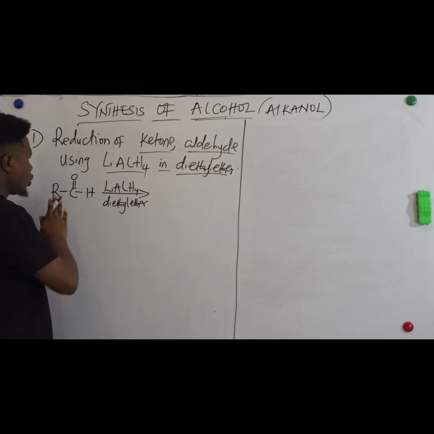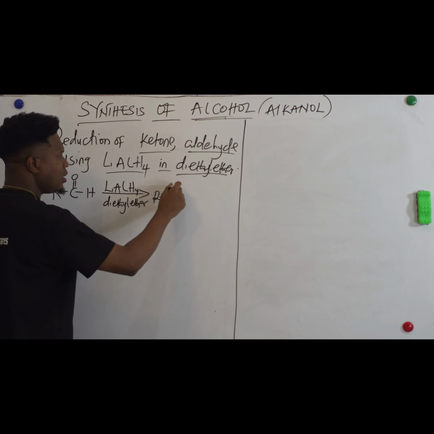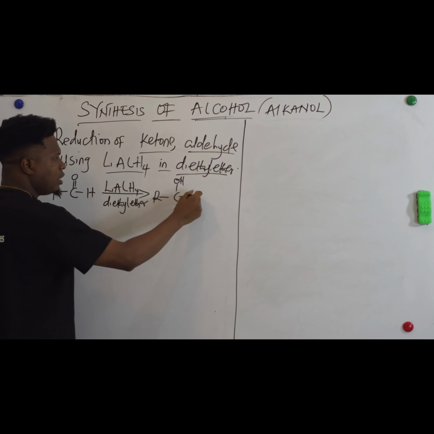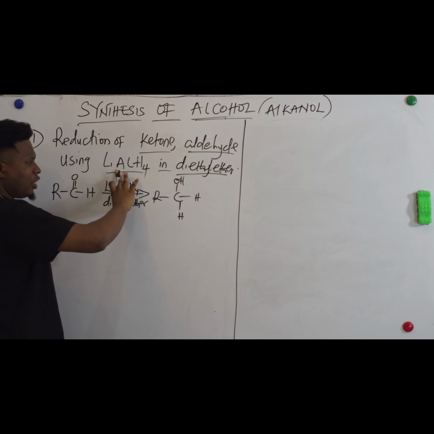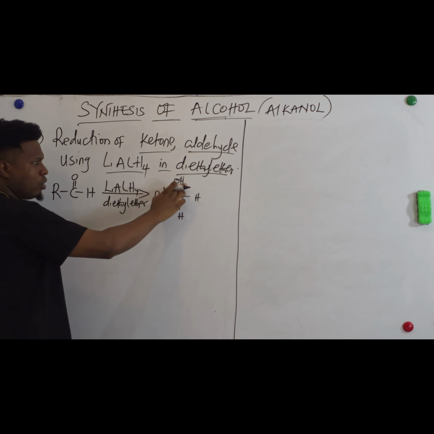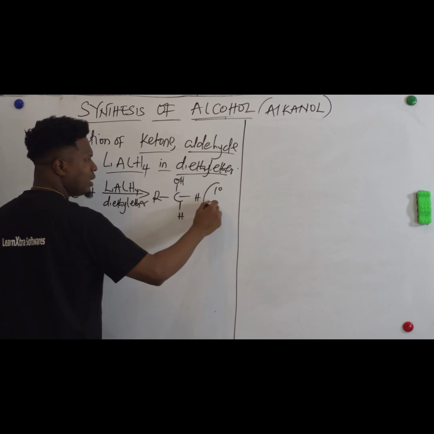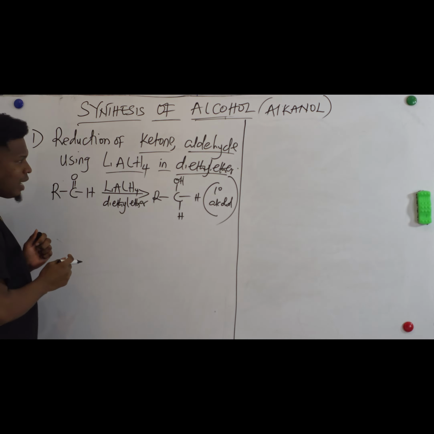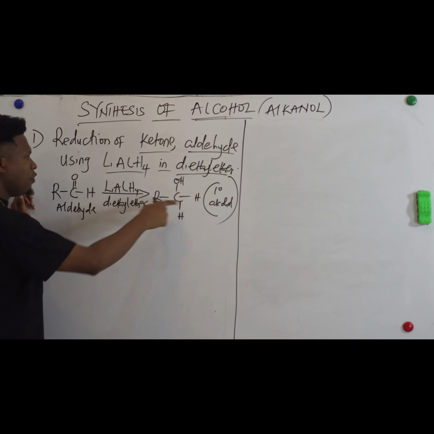You add one hydrogen to the oxygen and one to the carbon, and you remove the pi bond, giving RCH2OH. So I added two hydrogens. This reduction will give you a 1 degree alcohol. So aldehydes will give you a 1 degree alcohol.